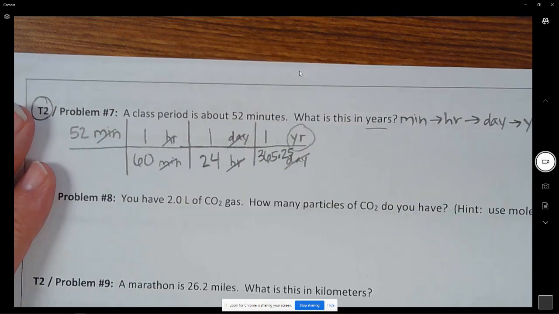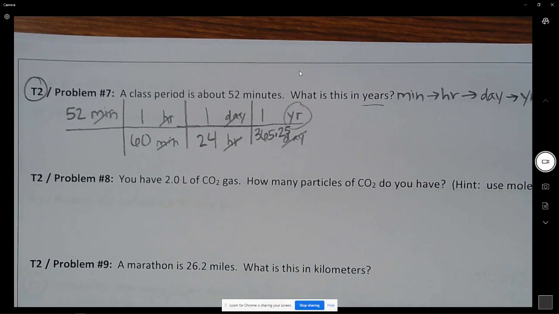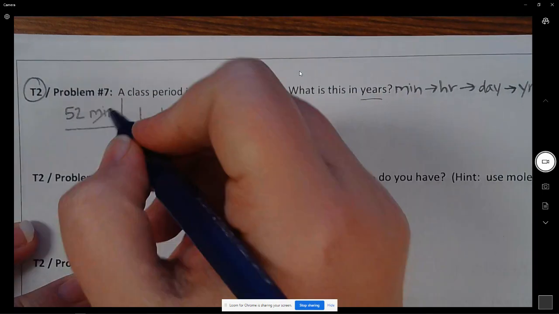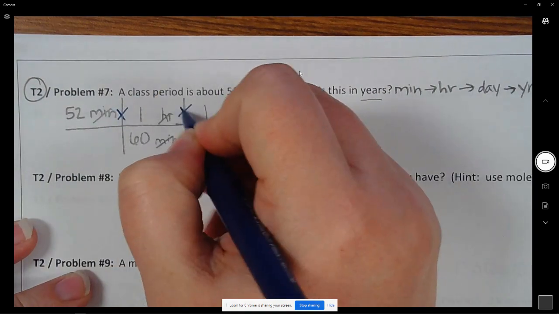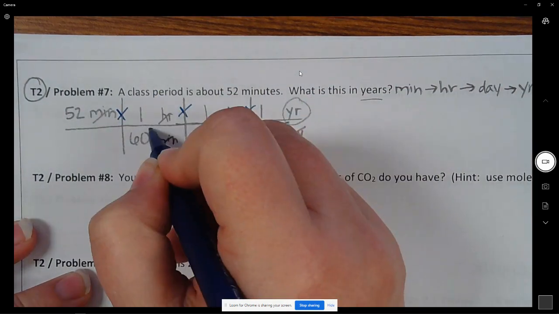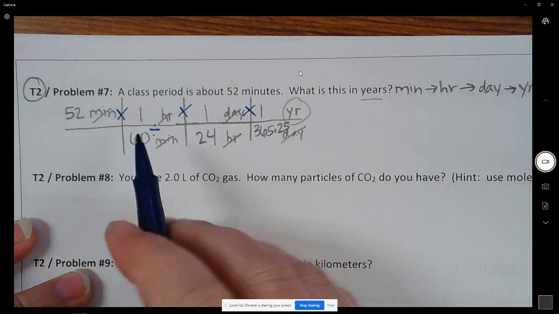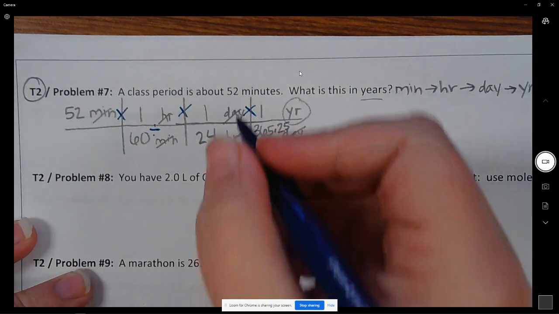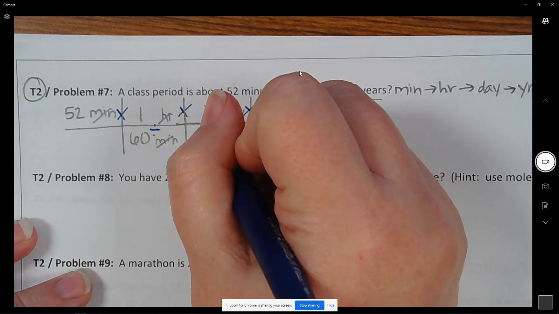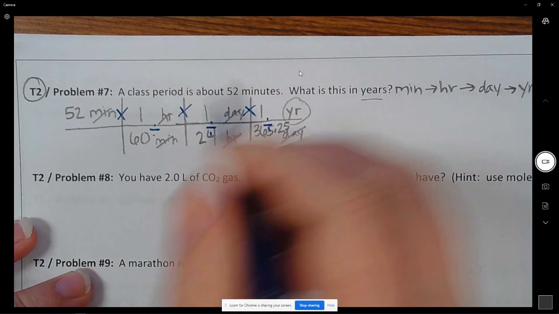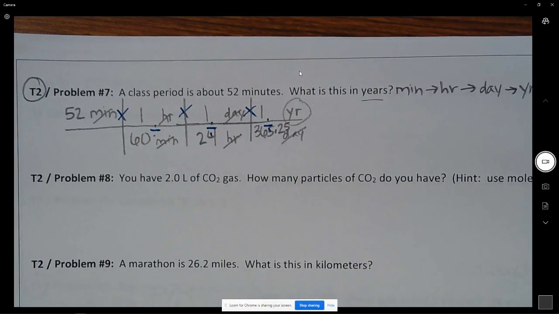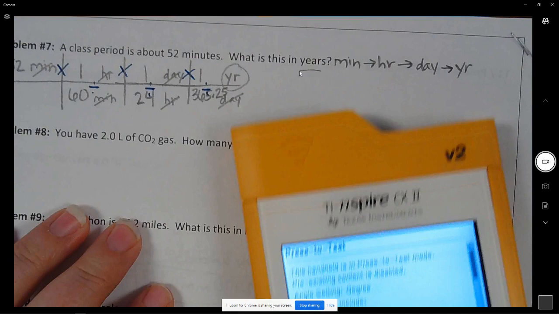Now that we have this set up, now we go through. Remember, each number on top is multiplied and each number on bottom is divided. So multiply your numbers on top, divide by each number on bottom.